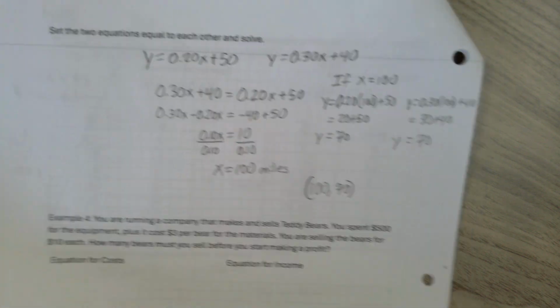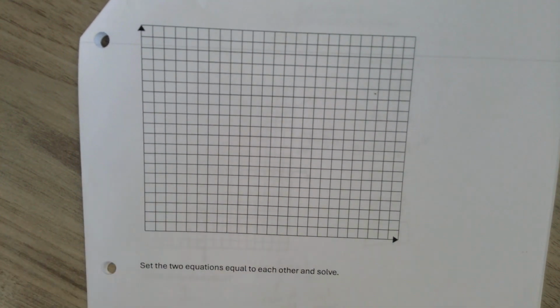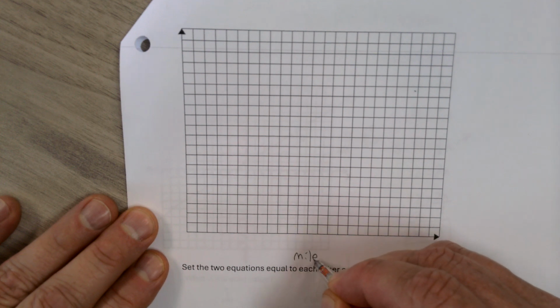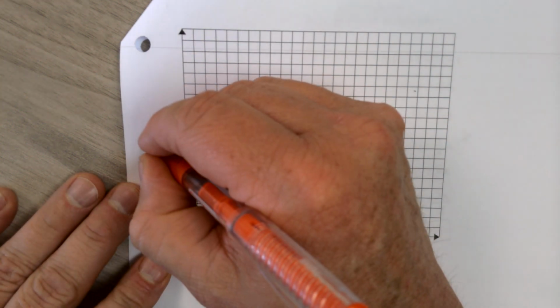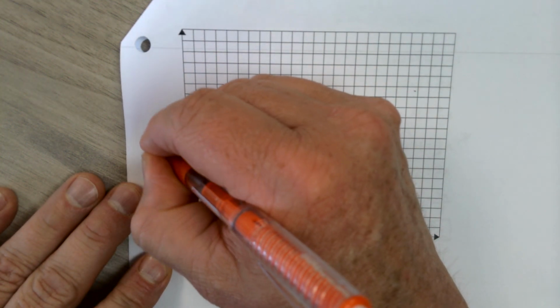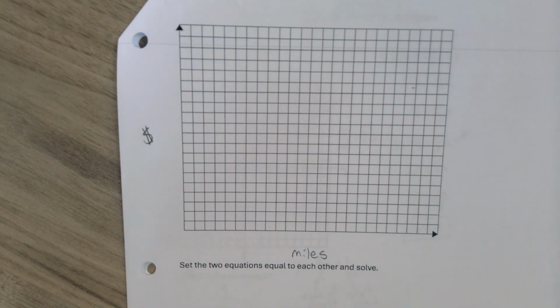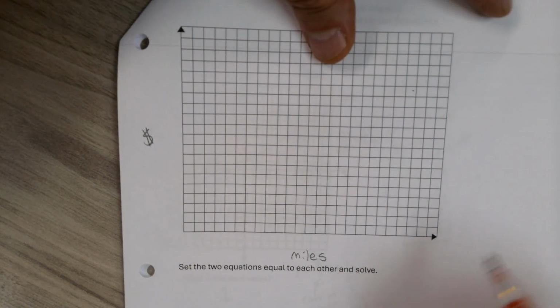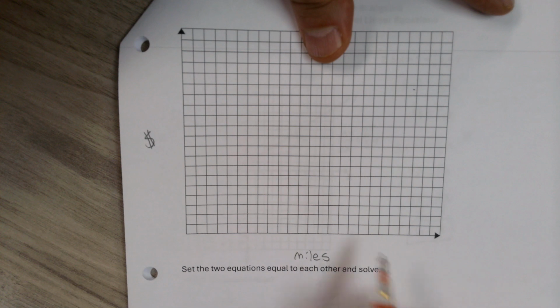So let's flip back. So for this graph here, remember x-axis, x was miles, and the y-axis was money, right, total money. I'm just going to put those down for our values. And if we're going to 70 and to 100, I could probably go by 5s on this one.